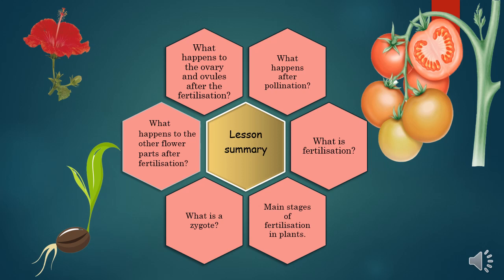What is fertilization? Main stages of fertilization in plants. What is a zygote? What happens to the other flower parts after fertilization? What happens to the ovary and ovules after the fertilization?